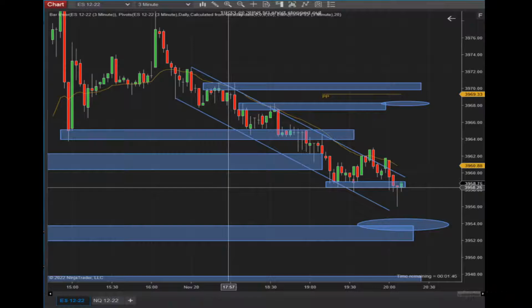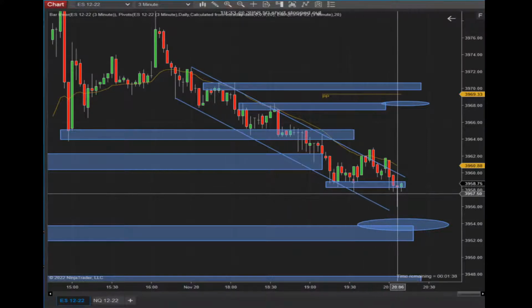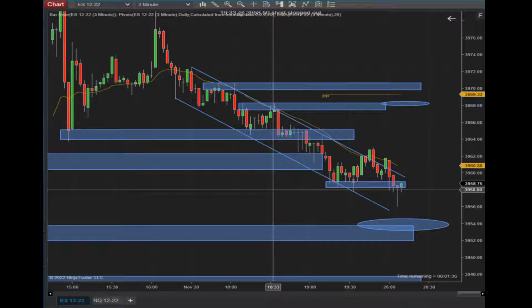So if anything, I see this thing going back north, especially with this candle right here. Let's wait and see. I'm not doing anything right now.